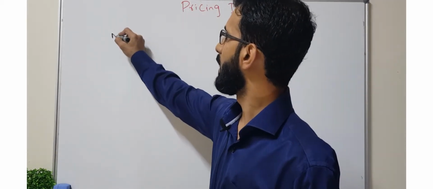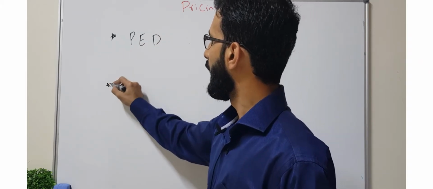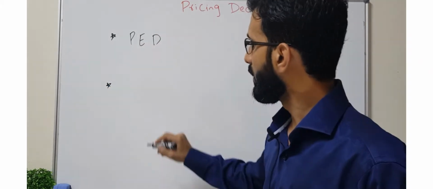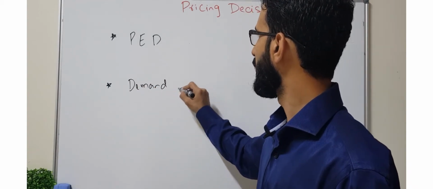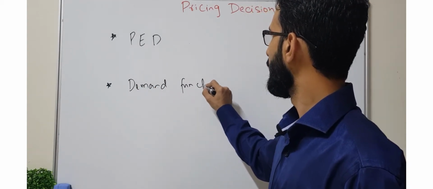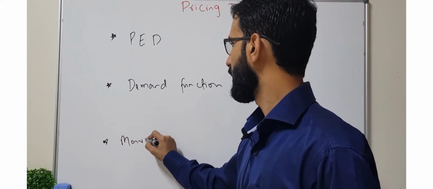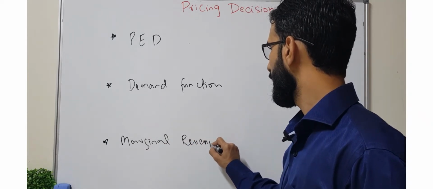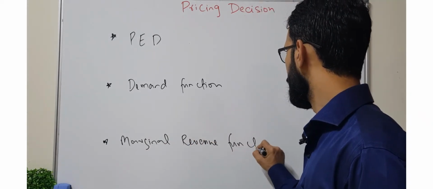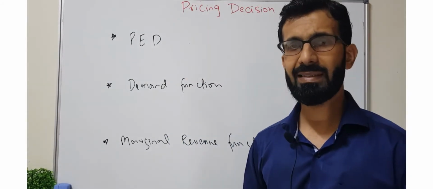First of all, I will discuss price elasticity of demand, next the price demand function, and third the marginal revenue function. The marginal revenue function is our main topic. Using the marginal revenue function we will be able to determine the optimal selling price.